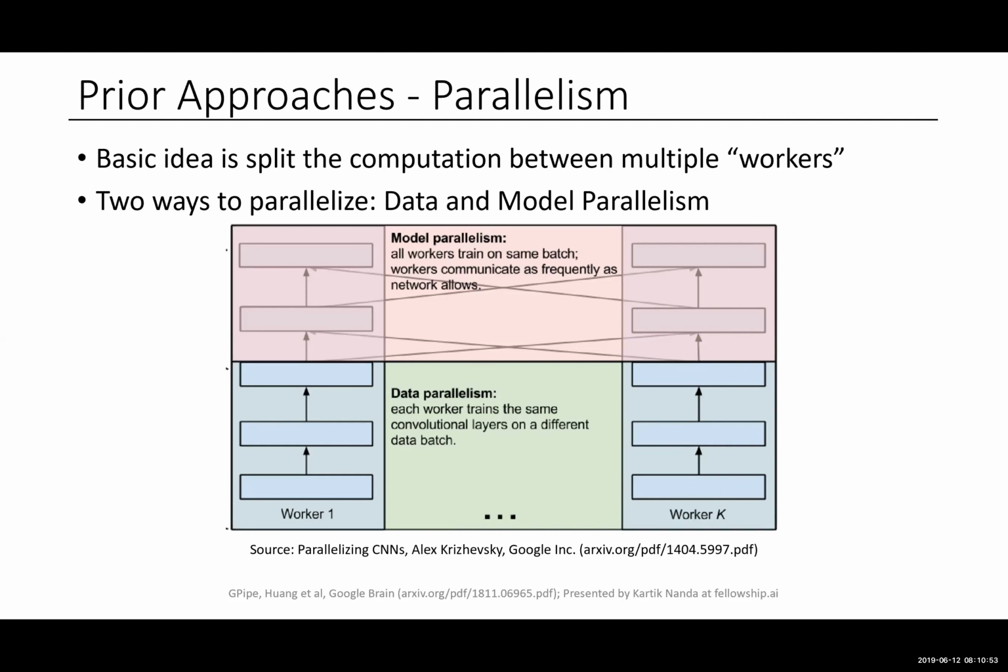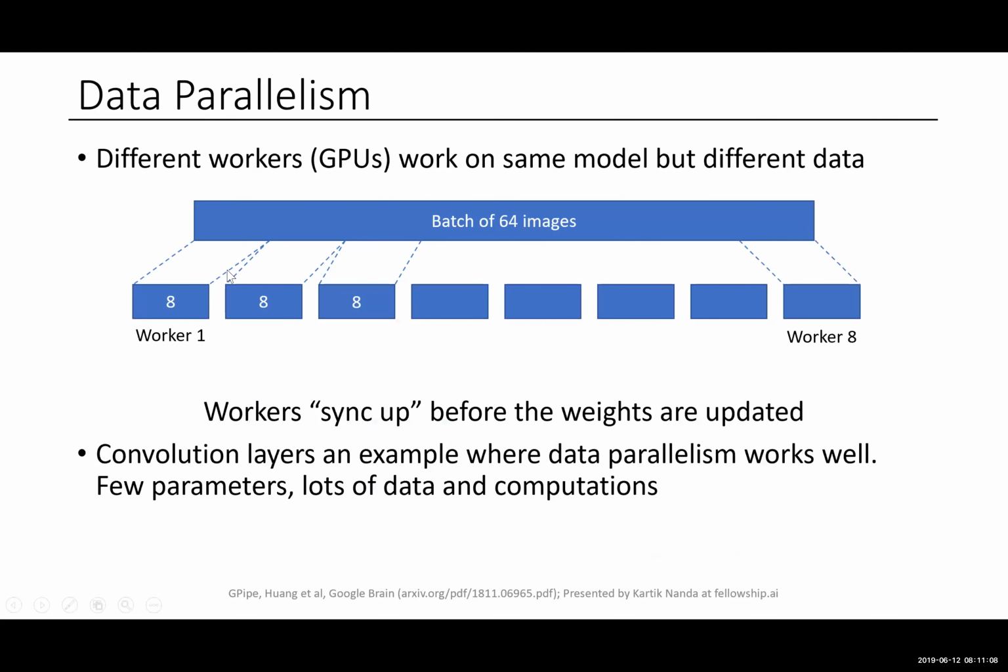Okay, so data parallelism is where each worker has the same model, but is working on different pieces of the data. For example, in this image, you've got a batch of 64 images, and you have 8 workers.